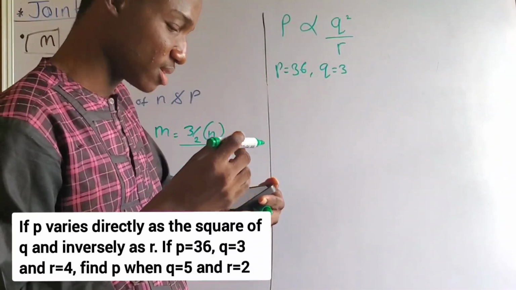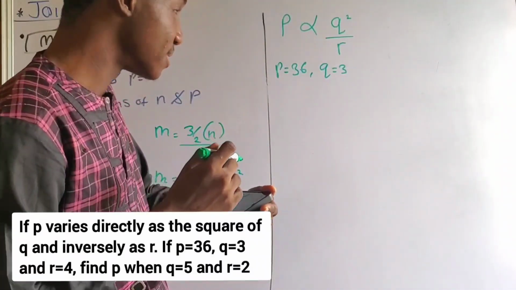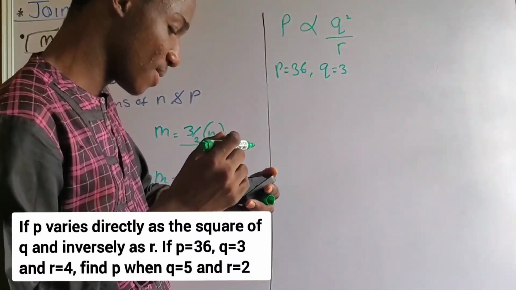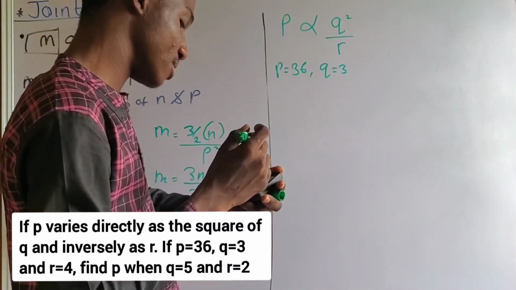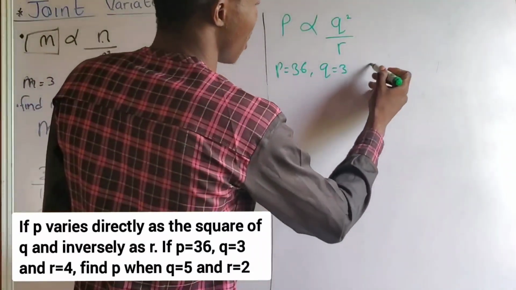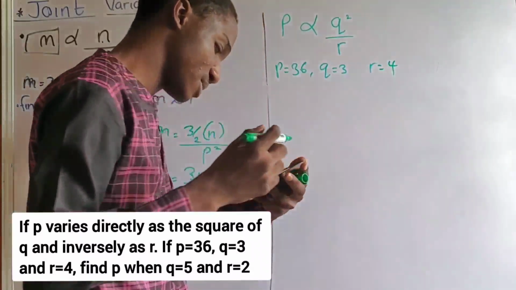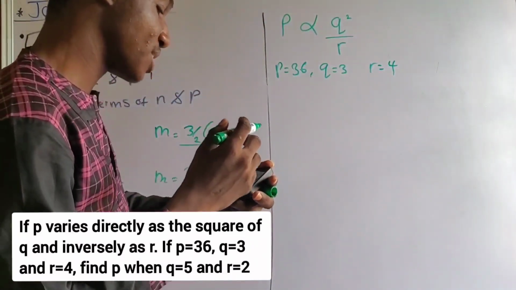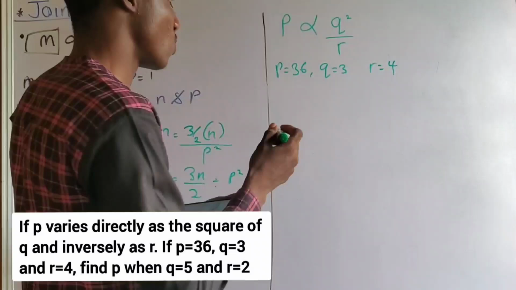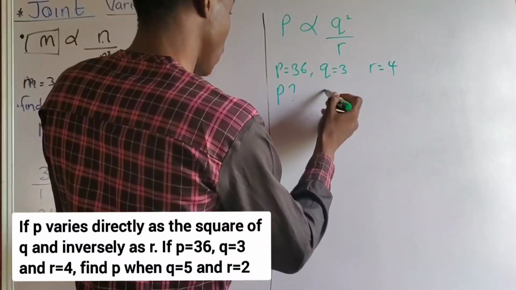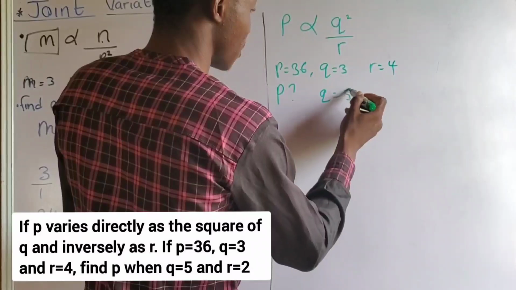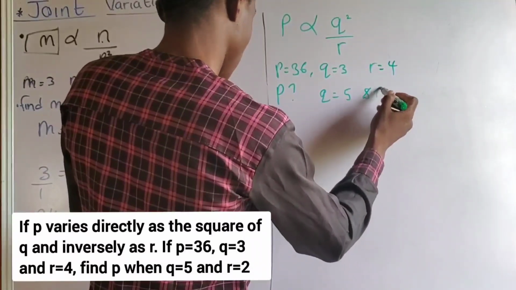P is equals to 36, q equals to 3, and r is equals to 4, okay? R equals to 4. Find p when q equals to 5 and r equals to 2. We are asked to find p. We are looking for p when q equals to 5 and r equals to 2.